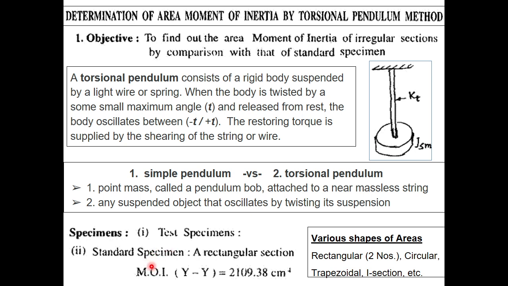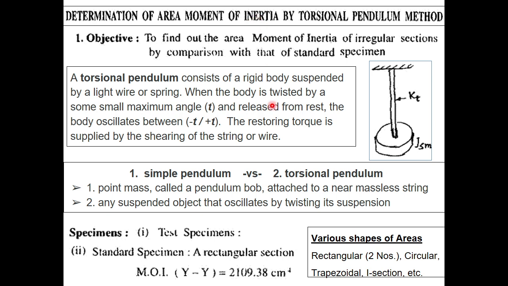And what is written here for the standard specimen is not mass moment of inertia, right? Actually, it should have been written as AMOI, area moment of inertia. Because in general, by the term moment of inertia we get a feeling of mass moment of inertia. But what we are determining here is area moment of inertia.